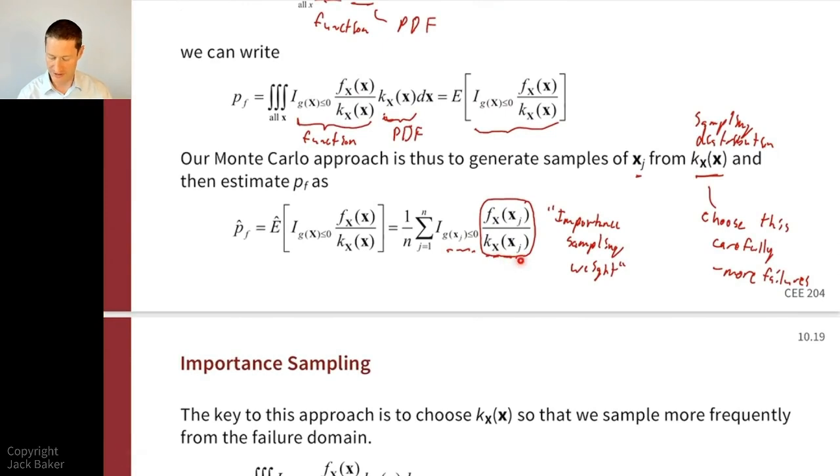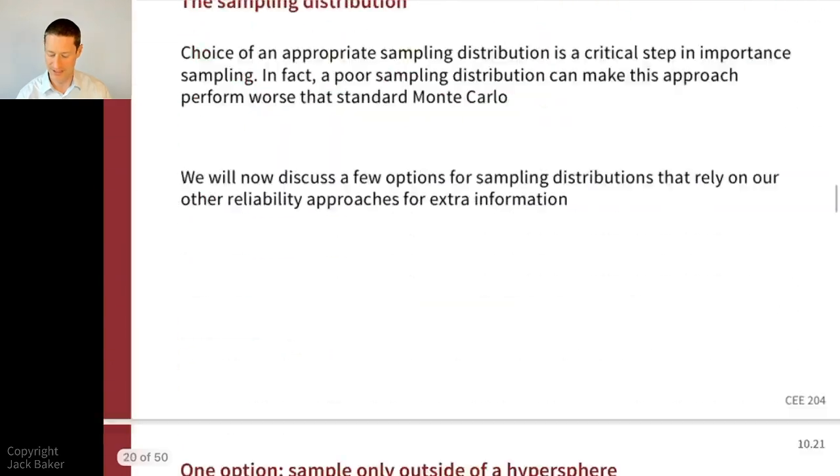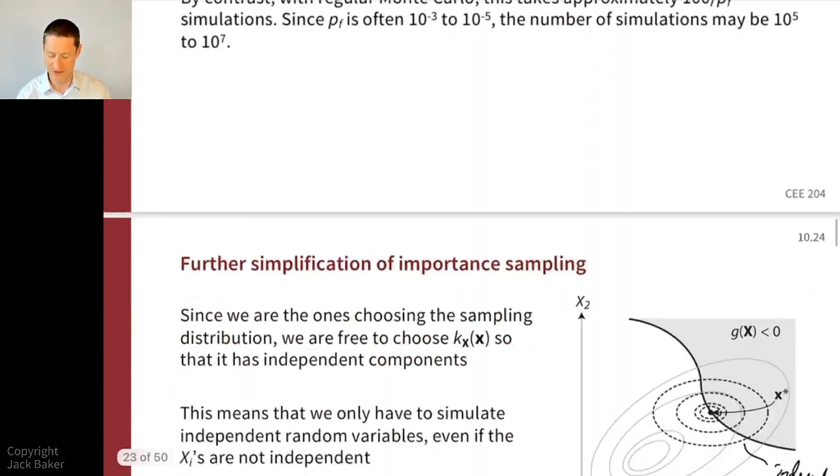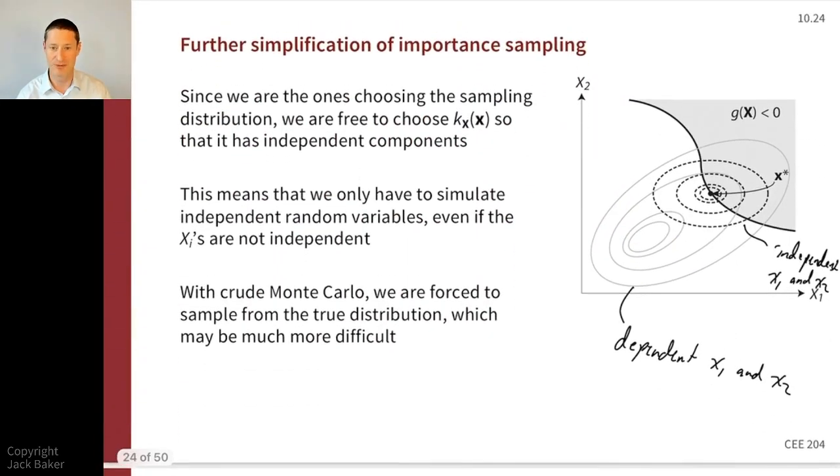The denominator is an independent distribution for the components of X, but the numerator is dependent. And so this ratio accounts for the relative likelihood of the sampled values that I produced. Okay. So that's got a nice practical benefit as well. If I don't feel like simulating dependent random variables, I can just do some importance sampling to get around that.